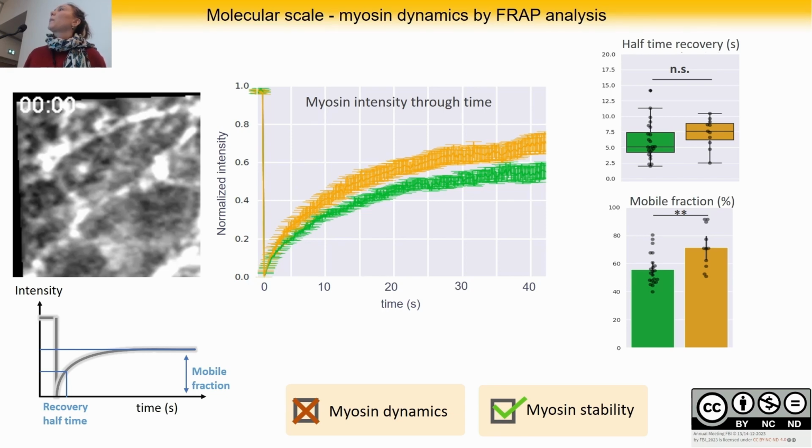However, the mobile fraction is higher in the case without the constraint. So one hypothesis is that the myosin is less stable and the turnover is higher, which could explain what we have just seen earlier, that the tissue is less reactive and is not able to contract as much as with the constraint.